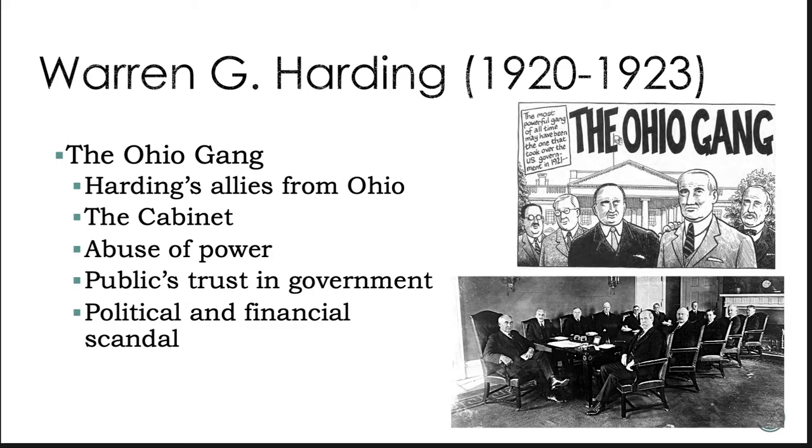These members are going to be known for their abuses of power. They are going to be known for their betrayal of the public's trust, and they are going to be known for the illegal dealings that they take, such as bribes and kickbacks, which lead to financial and political scandals.